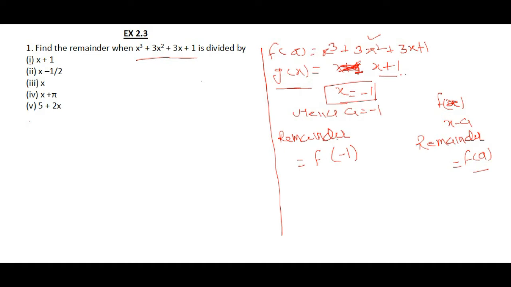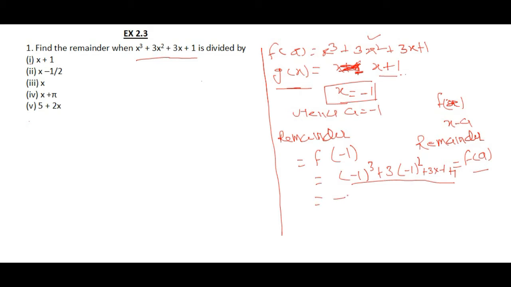How will we find f of minus 1? We will replace x in f of x by minus 1: minus 1 cube plus 3 multiplied by minus 1 square plus 3 into minus 1 plus 1. This will be the expression. So let's simplify it.